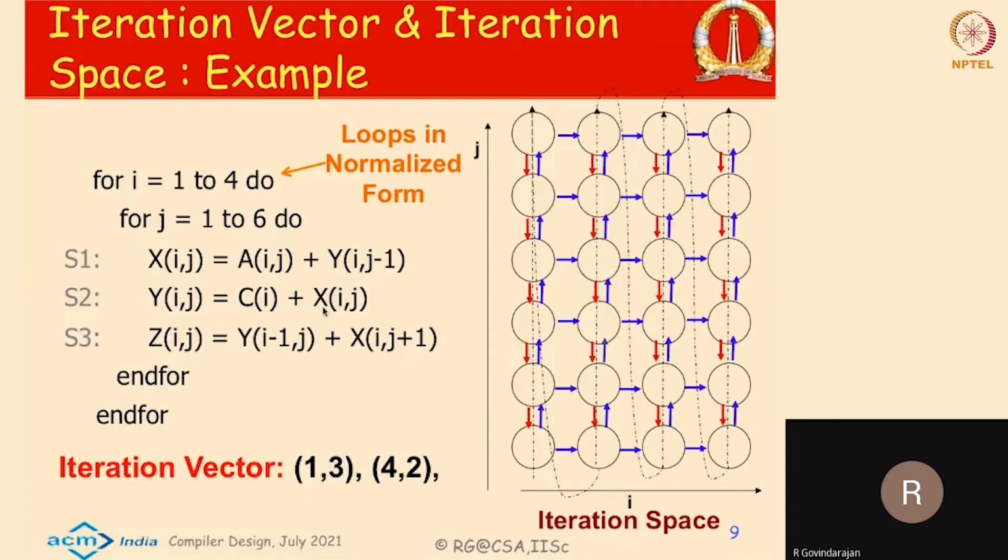So, for example, to say that this particular iteration vector is going to depend on the computation for this iteration vector, and it also has to be done before this particular iteration vector point is executed. That's essentially what it's trying to say.